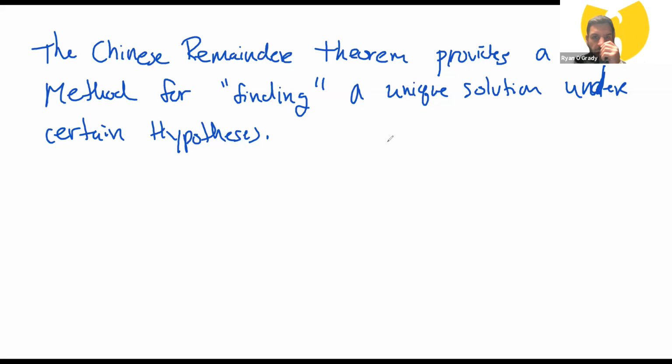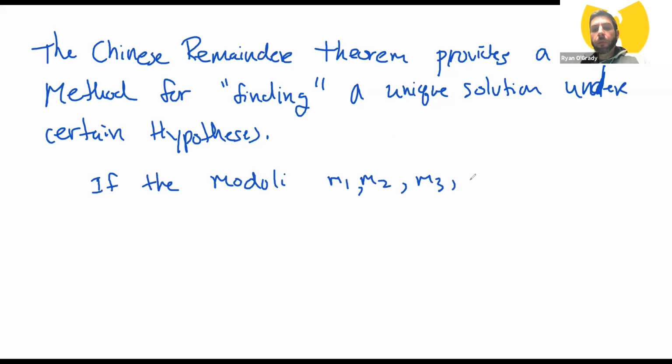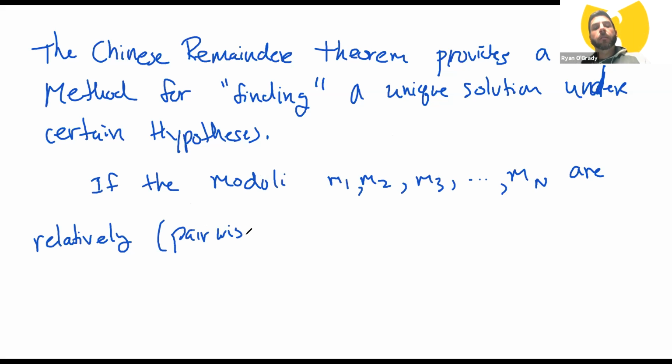So if the moduli M1, M2, M3 up to M sub n are relatively prime, now, we have to think of it in a pairwise way.